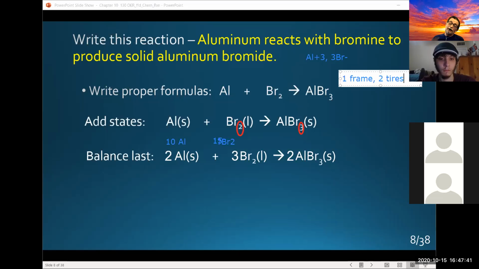Kind of hard to ride that bicycle with 1 tire, unless you want to make it into a unicycle. Now, what if I had 30 frames? How many tires would I need to assemble those 30 frames? 60. Exactly. Okay. I would need 60.